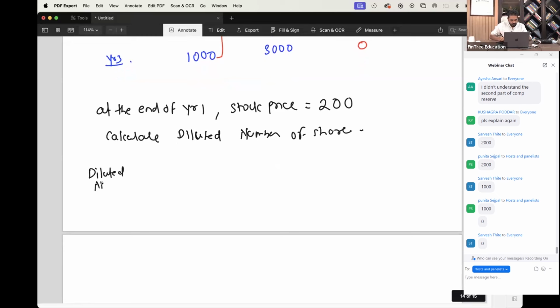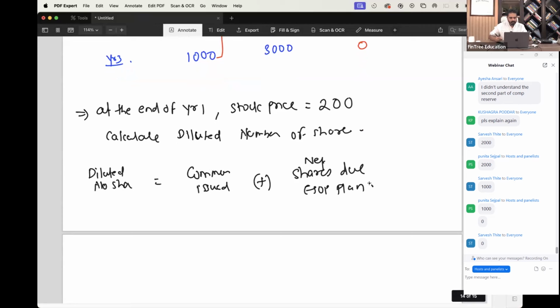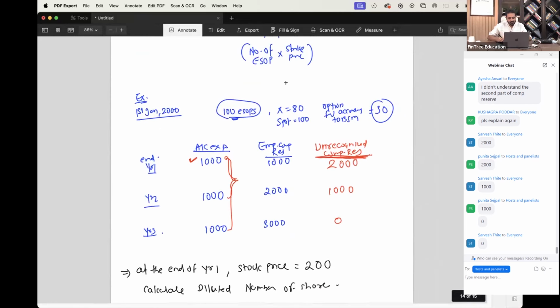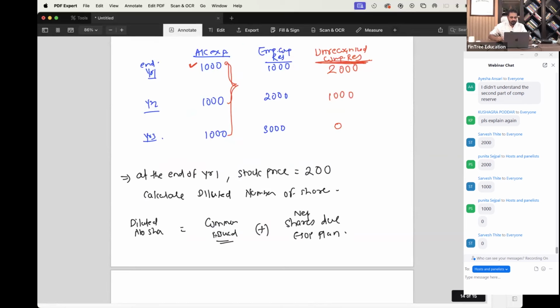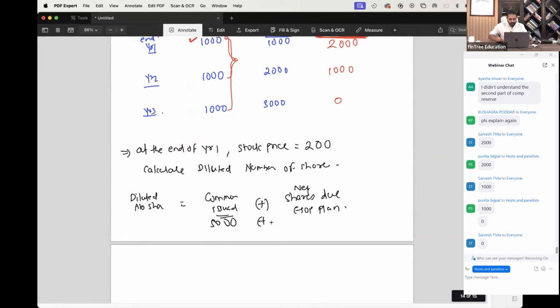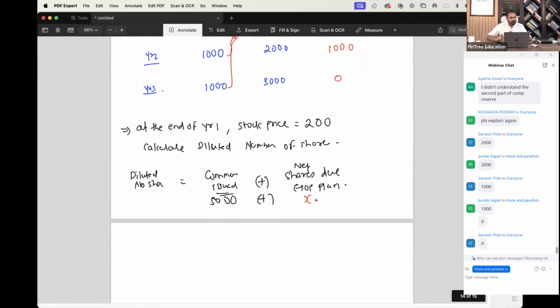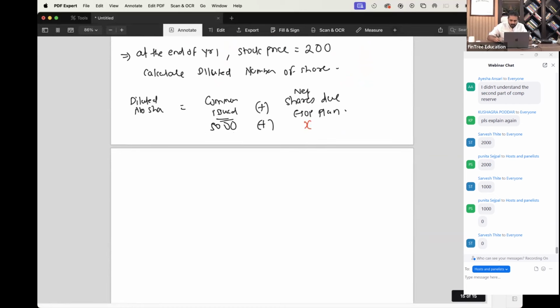Diluted number of shares is equal to common shares issued plus net shares due to ESOP plan. Common issued shares, I haven't given you in this example. We don't care. Let's say number of shares, 5,000, whatever, right? So 5,000 plus this number. This number, if you attended classes with me at level 1, I used to call it X for that shortcut formula, right? So this X, this is what I need to find using treasury stock method.